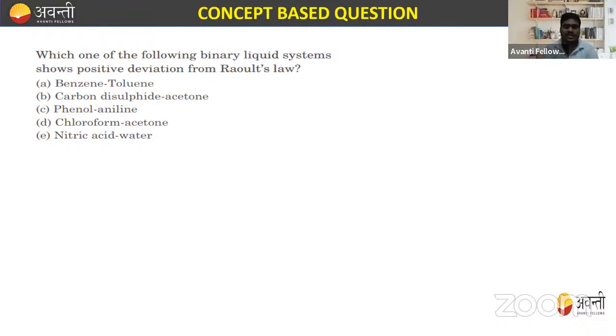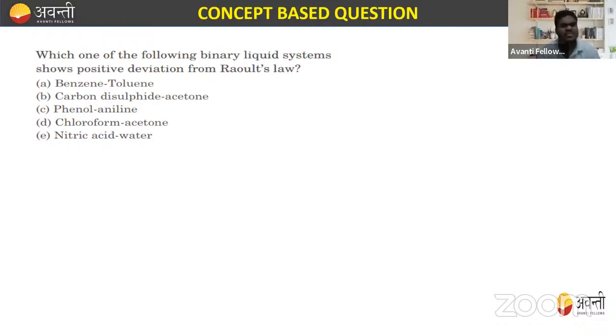So please tell me whether this is an example of positive deviation or not, whether it is an example of negative deviation or not. So these types of questions generally come. Okay, so it is very important for you to learn the examples of positive and negative deviation as well, so that you can easily identify the option.